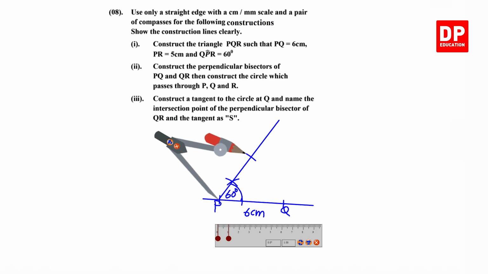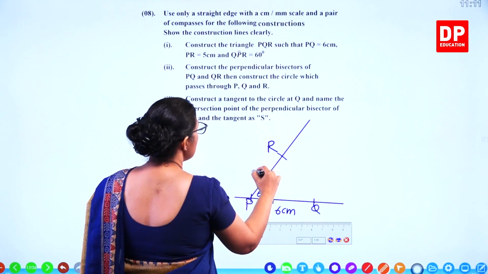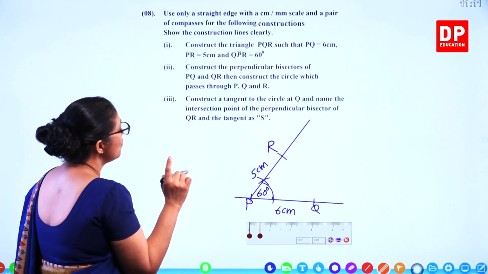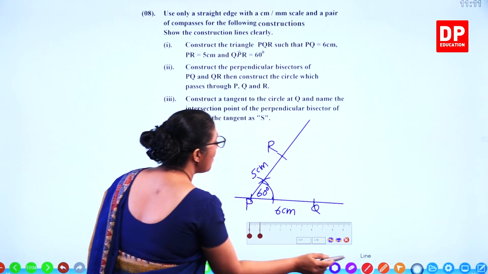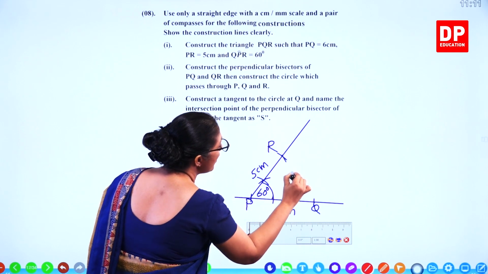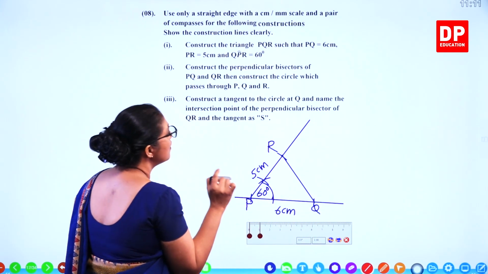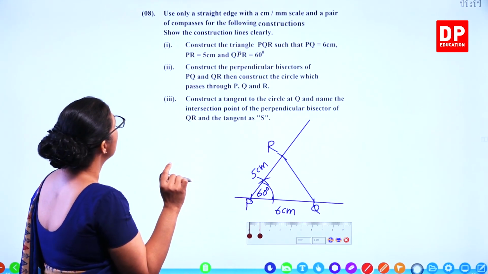So this point is R, that's 5 centimeters. So we can connect PR and RQ so that you get the triangle PQR. So that's the first step.